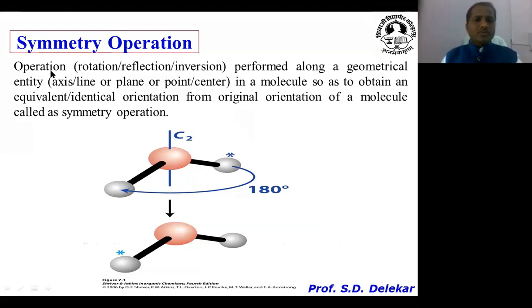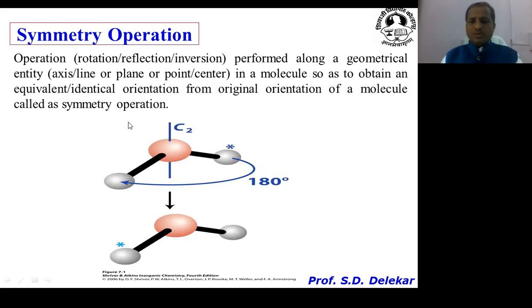Symmetry operation is simply defined as the operation, either rotation, reflection or inversion, performed along a geometrical entity, either axis or line or plane or point or center in a molecule, so as to obtain an equivalent or identical orientation from the original orientation of a molecule.